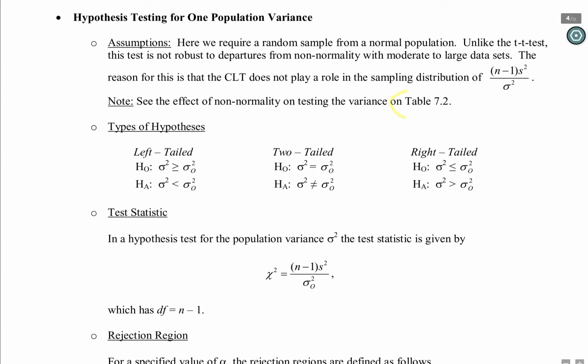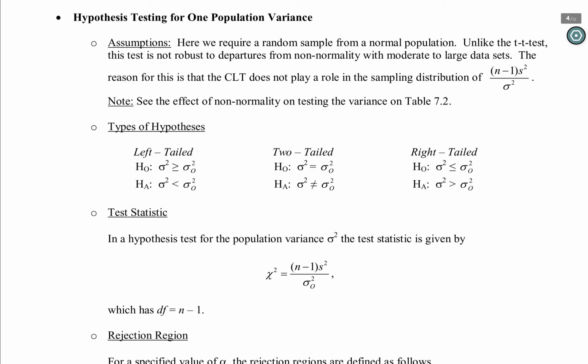All right. I do want to point something new out to you, though. If you look in table 7.12 of your book, you see the effect of non-normality on testing the variance. Basically, that table shows a simulation study that suggests when the underlying population is far from normal, then the actual significance level of the test can be much different than the specified level of 0.05.